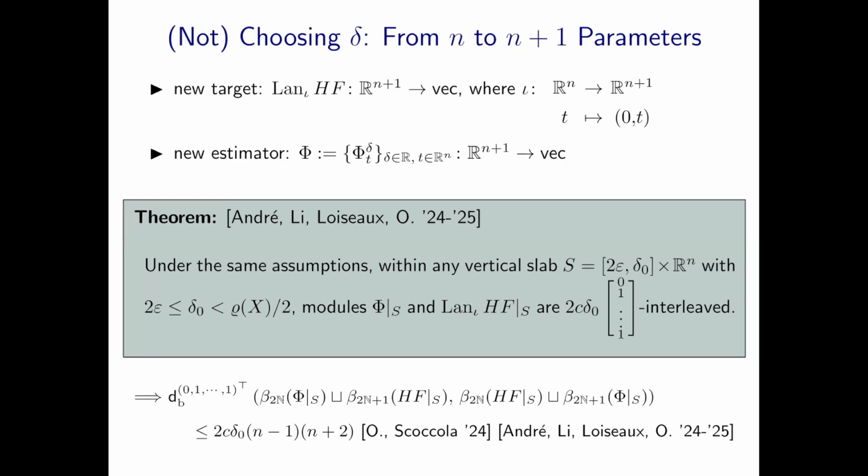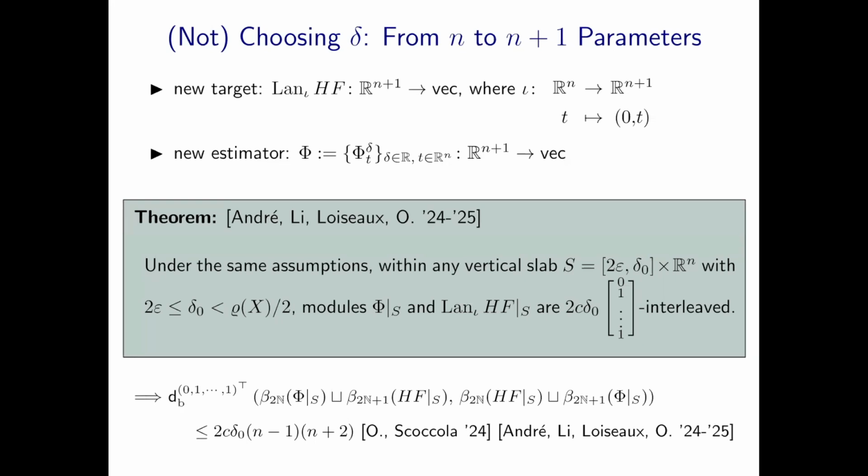You basically see the multigraded Betti numbers as signed measures, and then you can define Wasserstein distances on these signed measures. Under these choices of distances, you can show that the multigraded Betti numbers are stable. This was a result by myself and Luis Scoccola in 2024.